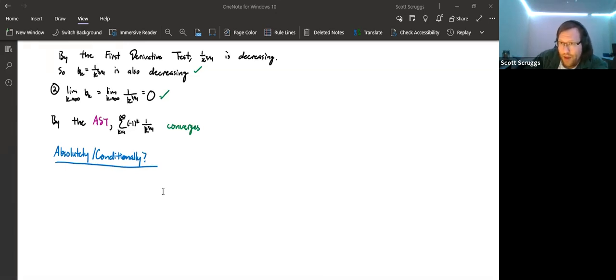Quick recap for what this means. For me to check if the series is absolutely convergent, I want to take the absolute value of each term, and if I do that, do I still have a convergent series, or does that actually make it divergent?